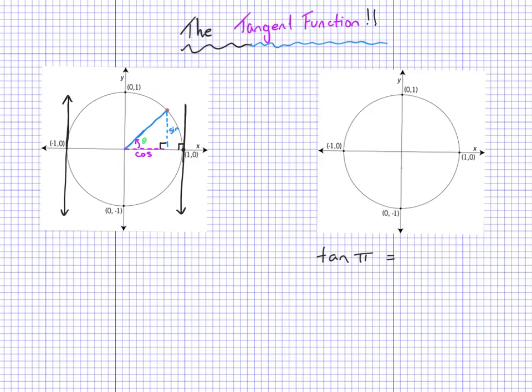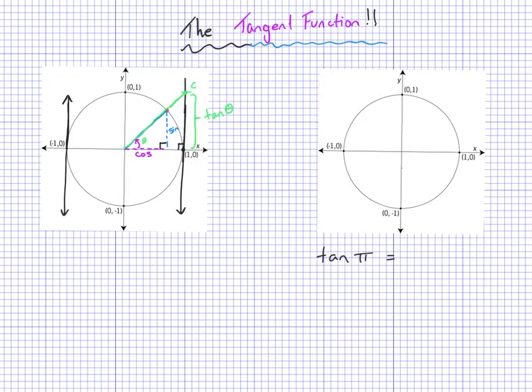Now, where the tangent function appears is here. If I were to extend the hypotenuse of this triangle inside the unit circle, so if I were to extend this blue line past the edge of the circle and continue it to where it hits the tangent, it would look like this. This point here, we'll call this point C, is a certain distance above the x-axis, and this distance is the tangent function.